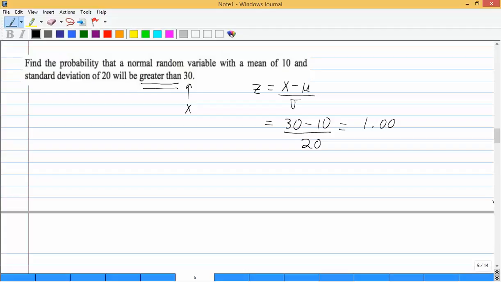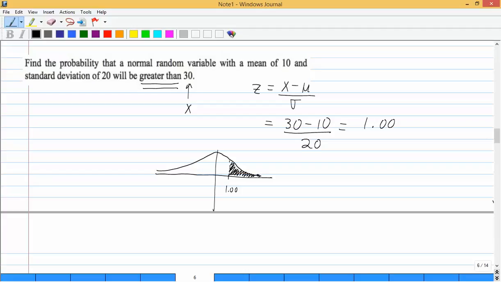Now, before I look the value up, remember what we're actually trying to figure out. This is my bell-shaped curve, and let's say I have a z of 1.00 right here. Since this says greater than, I'm trying to figure out the area to the right of 1.00.